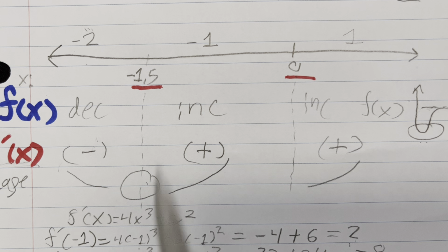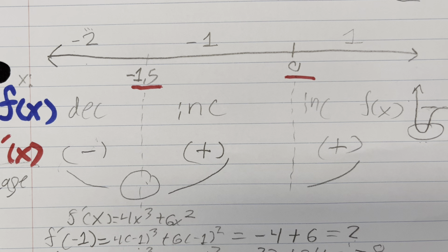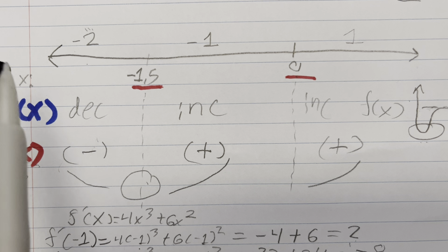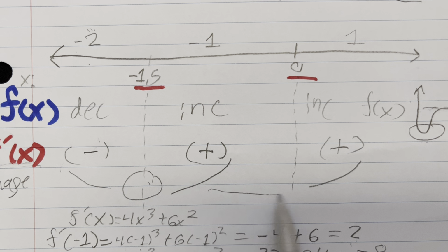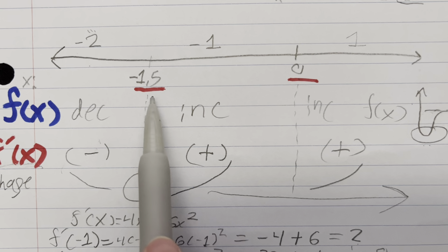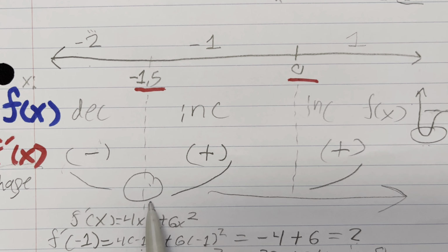Because remember, critical numbers are the only places where your function can change direction. And so if our function is decreasing everywhere to the left of negative 1.5 and increases absolutely everywhere past x equals negative 1.5, we can conclude that this must be an absolute minimum, right?